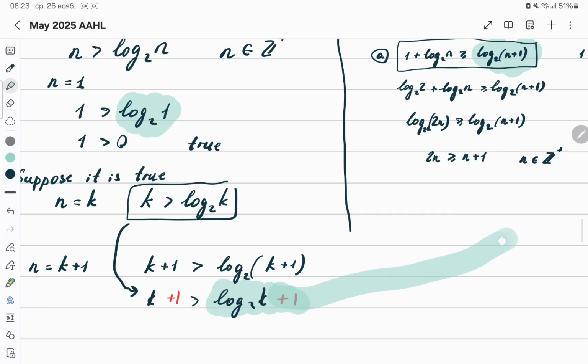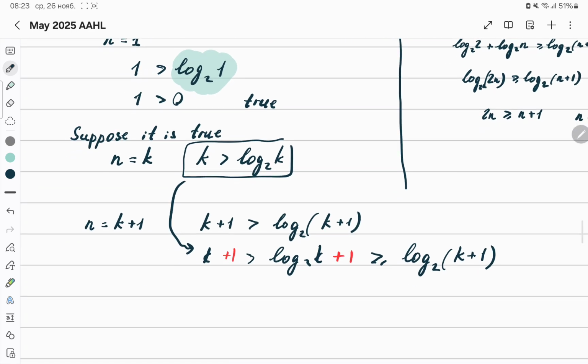Look, so now let's connect. So I can continue this inequality and say that it is more than or equal to logarithm k plus 1 in base 2, right?